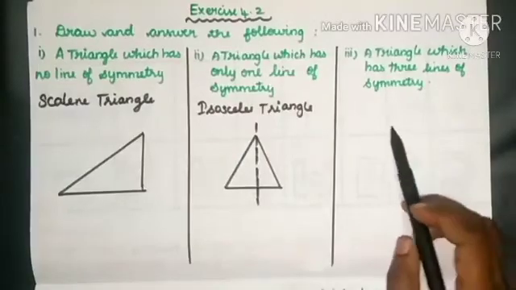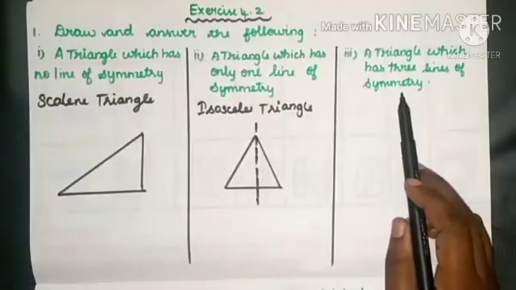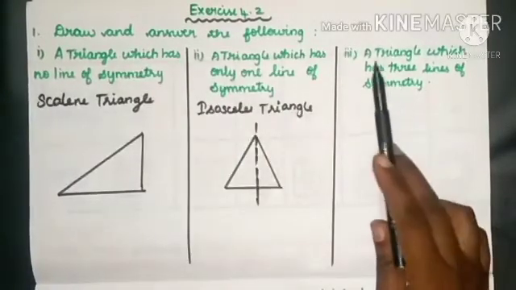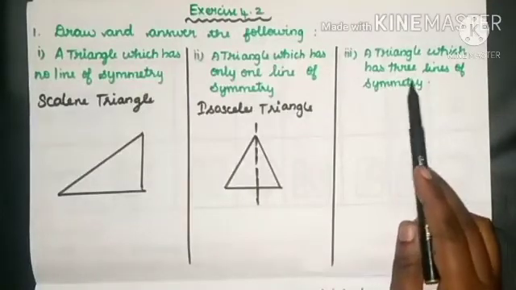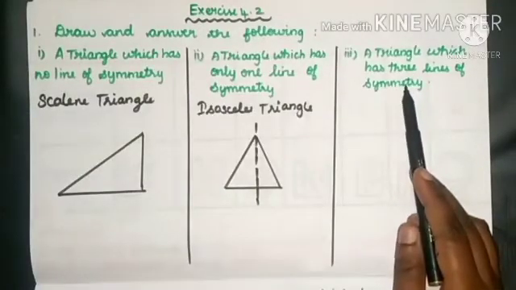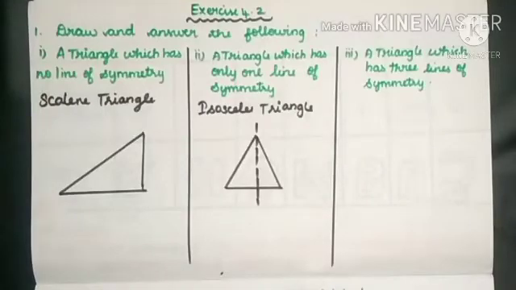Now let's find a triangle with three lines of symmetry. Students, which triangle has three equal sides? Yes, an equilateral triangle has three equal sides and the three angles are also equal.